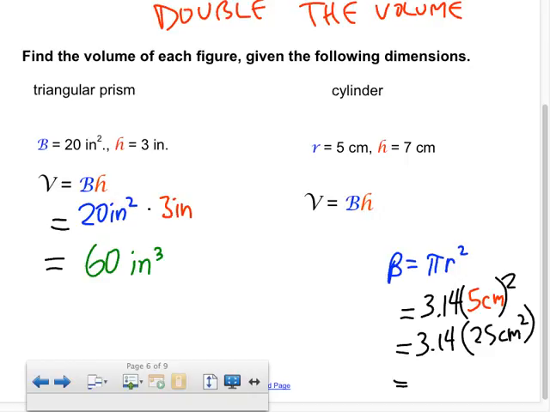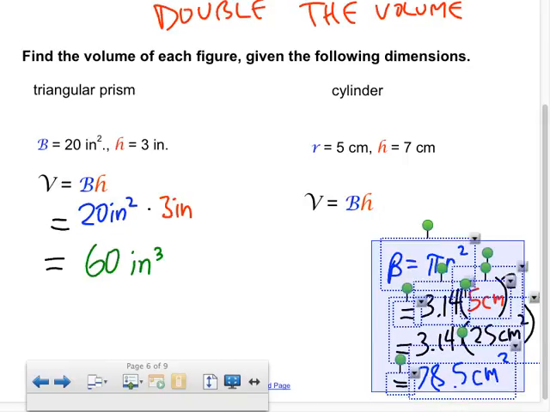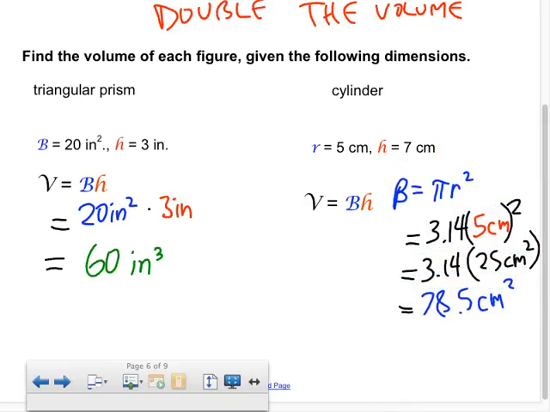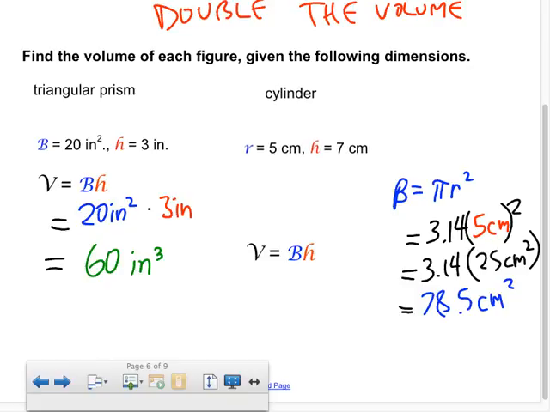Kimberly, what do you have? 78.5, and the unit's going to be centimeters squared. So now we have something to substitute in for my volume formula, which is the base area times the height.